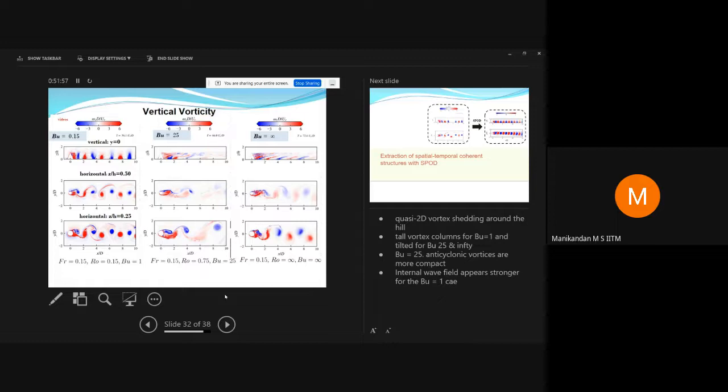The cyclonic vortices are much larger than the anticyclonic vortices, which are smaller. And that has to do with the stability of vortices in rotating stratified flow. So we are trying to look into that. And then once you go to Burger number infinity, you again get the symmetric pattern because the rotation effects are not important.